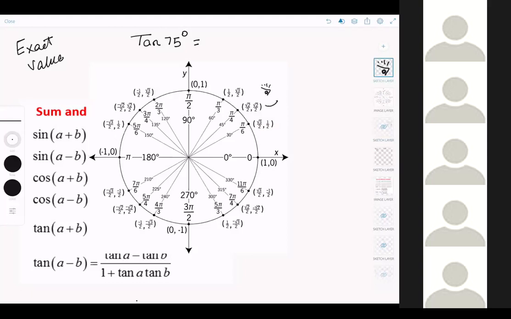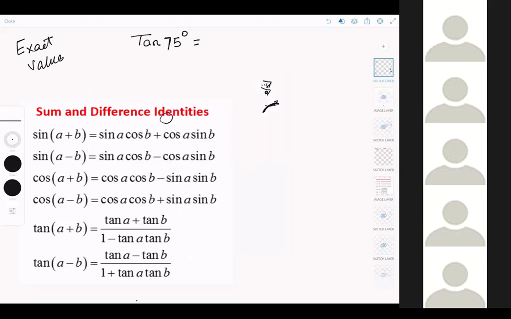You say, oh, but 75 is not there. You will be a little upset. Because if I ask what is tangent of 60 or tangent of 120, we see it and it's easy to find, right? But that's 75 degrees. 75 is not there. Your next step is you get rid of this unit circle. The next step is to go through the formula sheet.